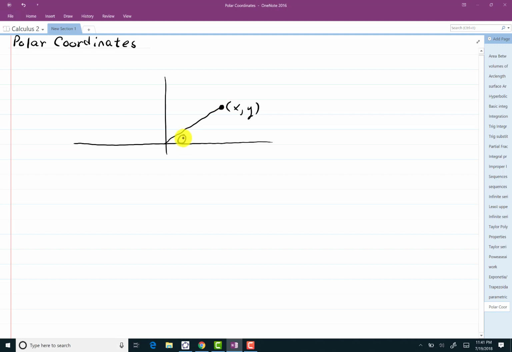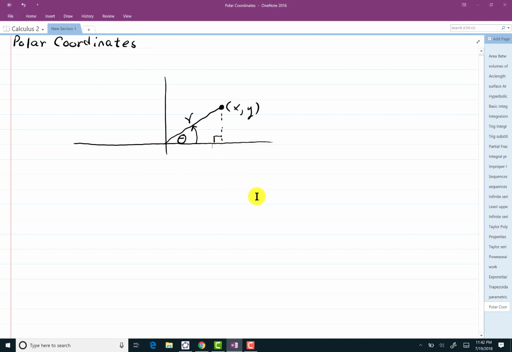And we let theta be an angle that starts at the positive x-axis and goes up to this line that connects x and y. And the distance from the origin we call r for radius. And if you drop a perpendicular straight down from the point, you create a right triangle.